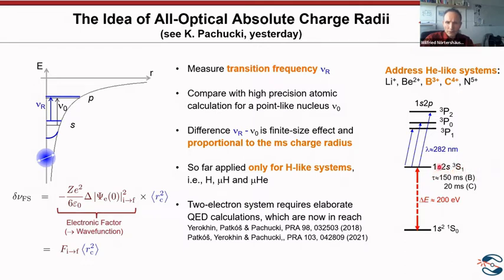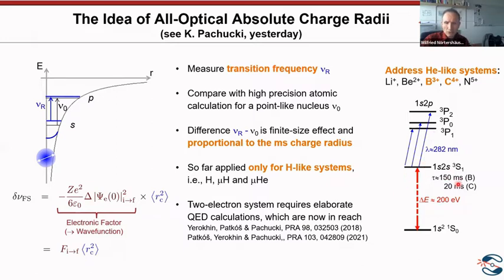Here we have about, I think, 50 seconds lifetime of the state, but this goes quickly down with increasing Z. So it's only about 150 milliseconds for helium-like boron, and only 20 milliseconds for helium-like carbon. So we also need a very fast technique.